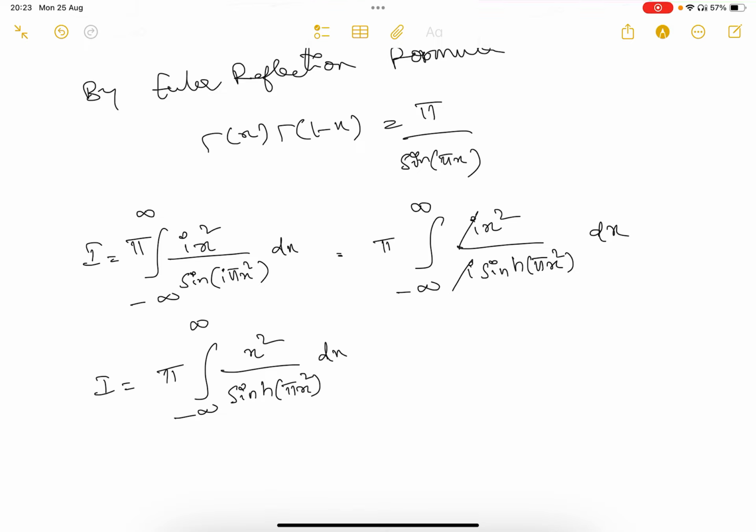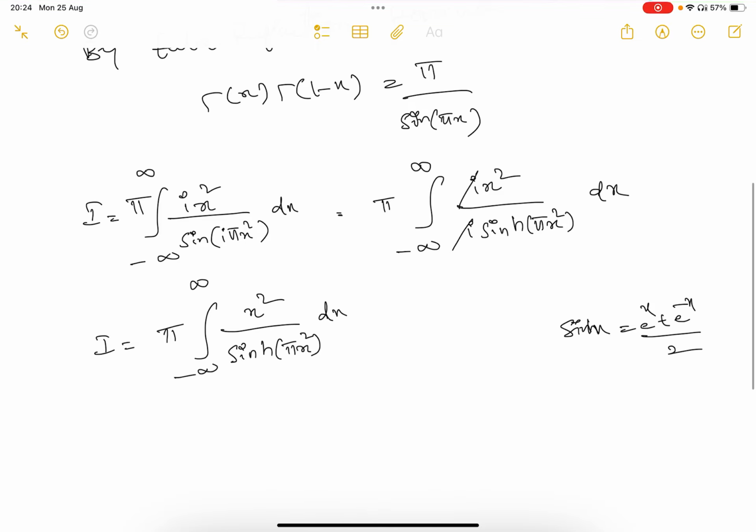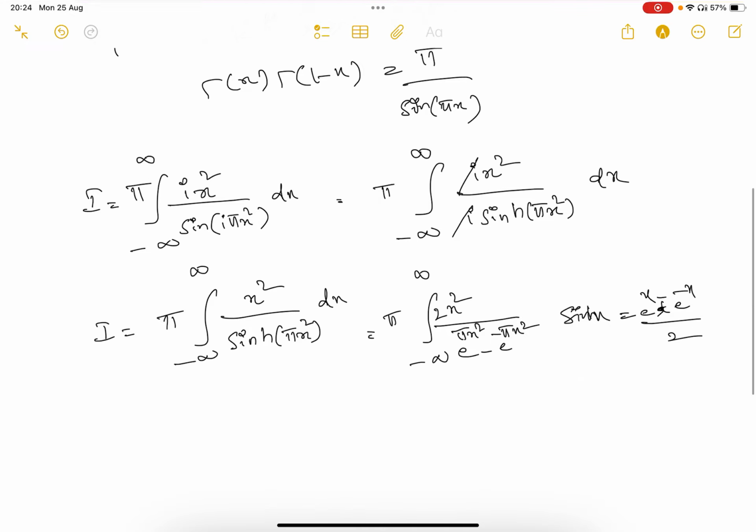As you know, the hyperbolic sine function of x is e power x minus e power minus x, by 2. Then this can be written as pi into the integral from minus infinity to plus infinity of x squared by, here x is pi x squared, sorry, the sign for the hyperbolic sine function is minus, e power pi x squared minus e power minus pi x squared, by 2, then the 2 will come up.